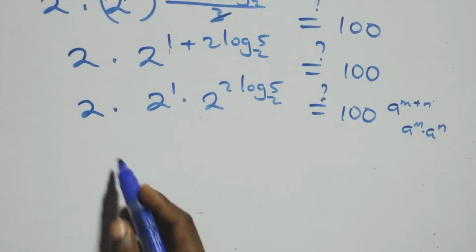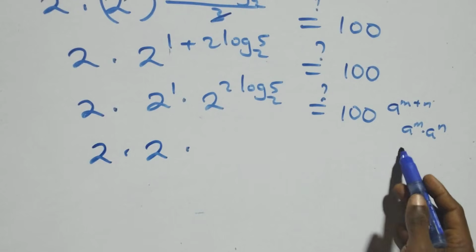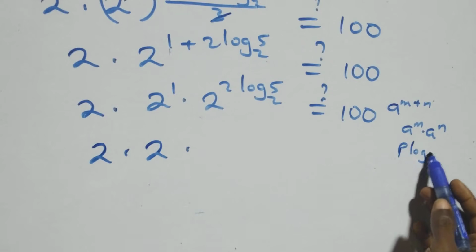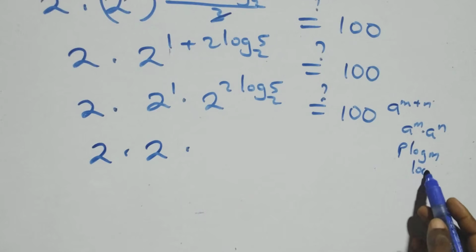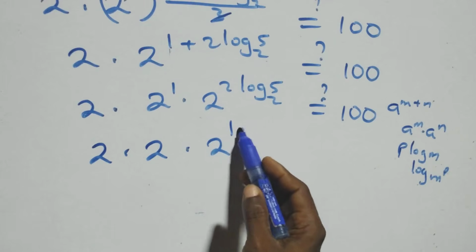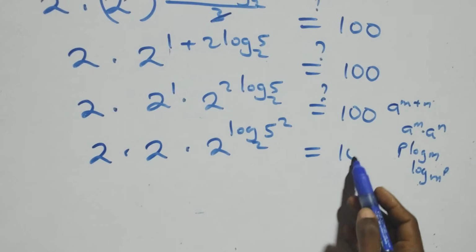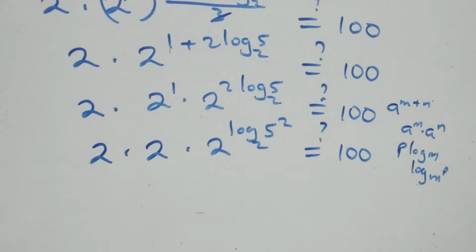And here we have 2 times 2 raised to power 1, that's 4, and times here we revise this one: we have p log n, which is the same thing as log n raised to power p. Here we have 2 raised to power log 5 squared base 2 equals 100 on this side.